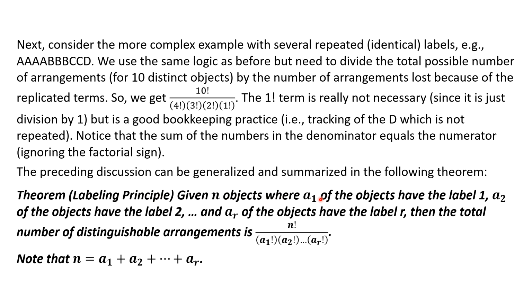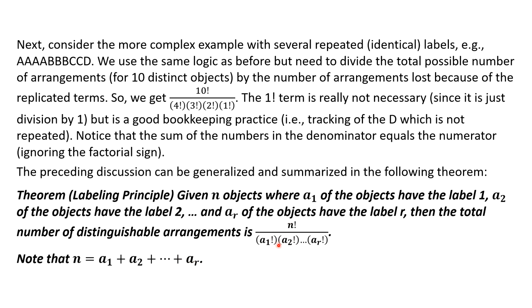Given n objects where A sub 1 of the objects have label 1, A sub 2 of the objects have label 2, and so forth, and A sub r of the objects have label r, then the total number of distinguishable arrangements is n factorial divided by A1 factorial times A2 factorial, dot dot dot, times A sub r factorial, where, as I mentioned with this example, A sub 1, A sub 2, all the way up to A sub r add up to n.